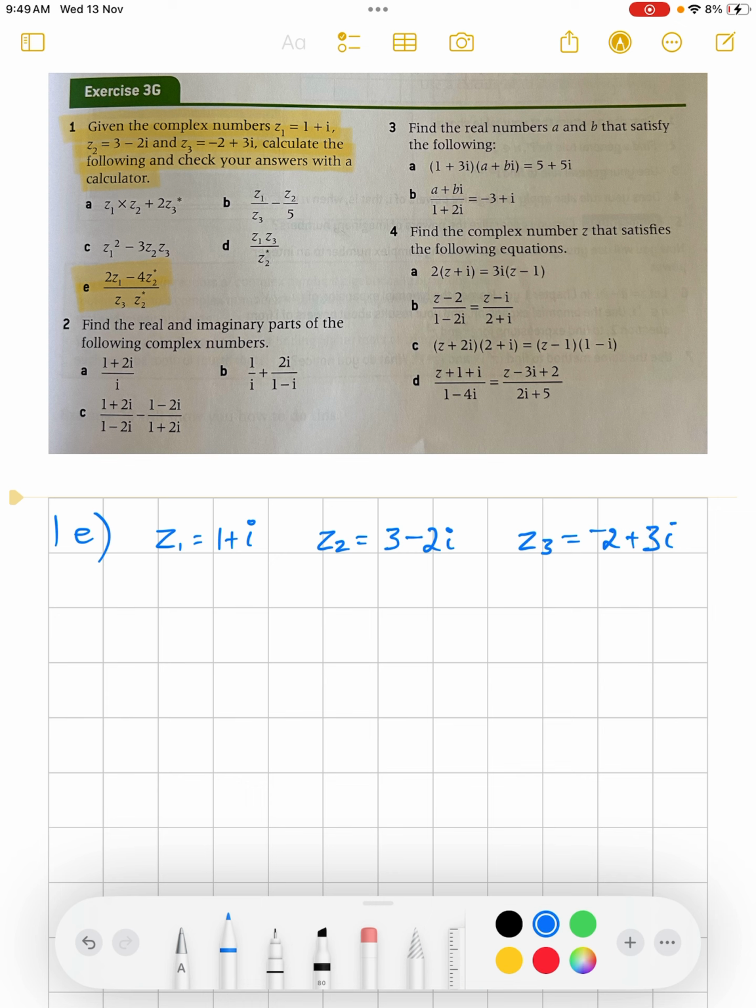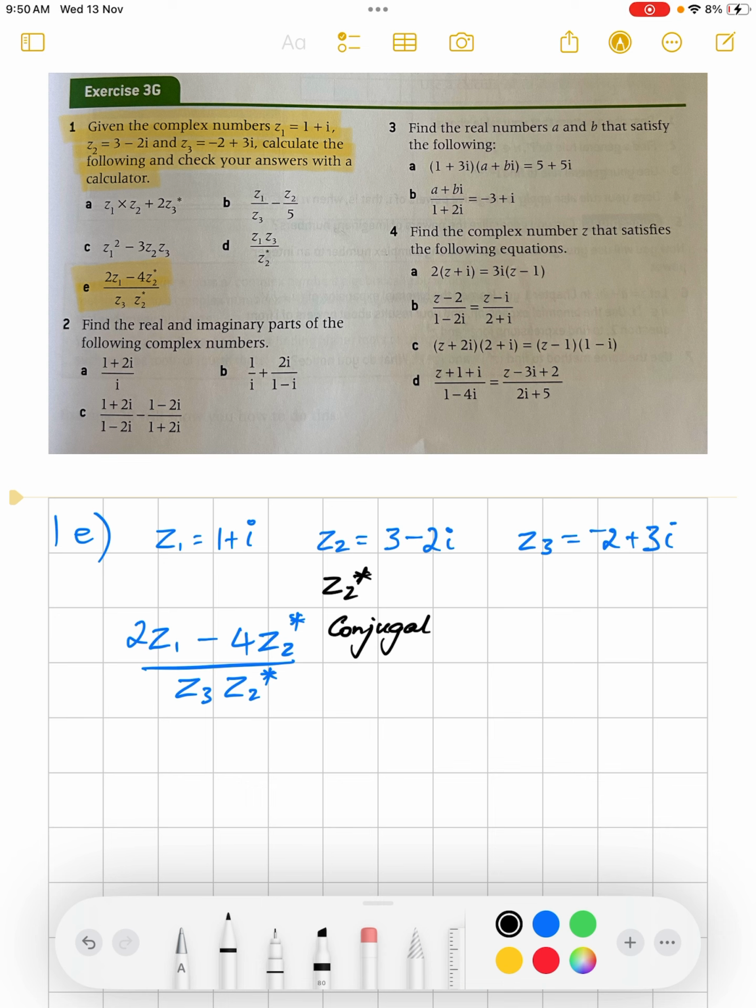In 1E, we're asked to calculate 2 Z1, take away 4 Z2*, and then we've got Z3 times Z2*. When you've got this asterisk, the asterisk is the conjugate.